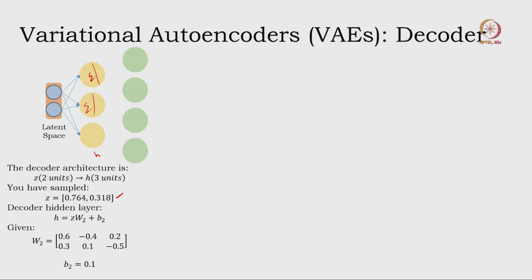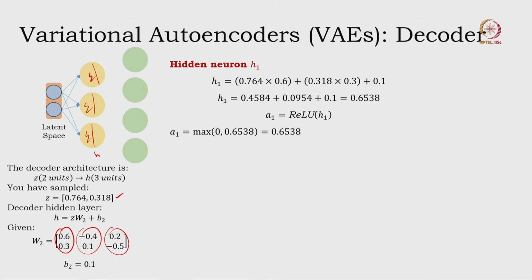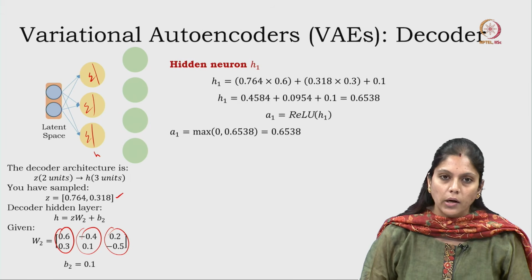Then you establish this connection and you get this term. How many such connections are you doing? You are doing 2 connections. If you are doing 2 connections, is it not 2 weights that we get? Those weights are these. For every connection there are 2 weights, and we are using a bias term, and the bias is a small constant 0.1. So this is the output that we get for the first hidden neuron H1.